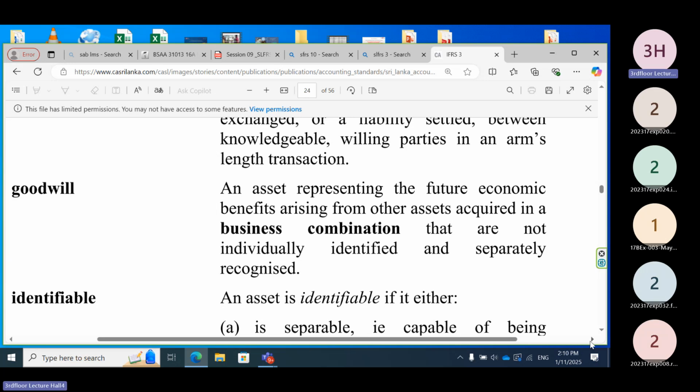We may have different justifications for net assets. It may be equity, or total assets minus total liabilities. Net assets 100%. From the 100, you are purchasing 80%, which means 80. To purchase 80, you are ready to pay 120. It means you have a goodwill of 40.